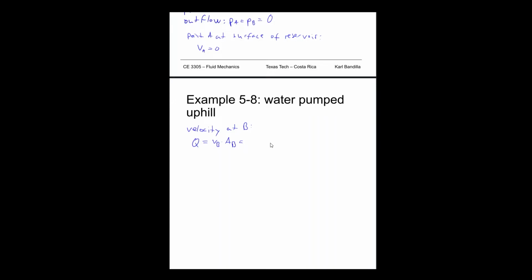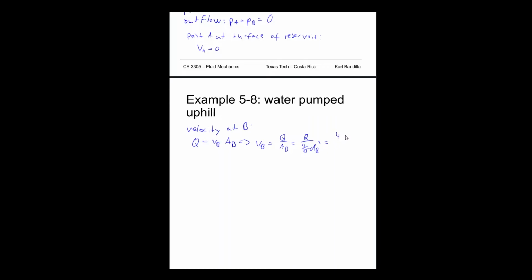I'm sorry, we'll get to the diameter in a second. So that means my VB is just going to be Q over AB. That means Q over pi over 4 times dB squared.